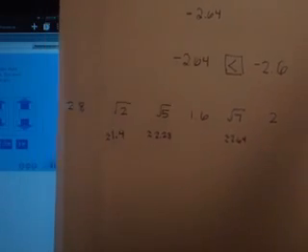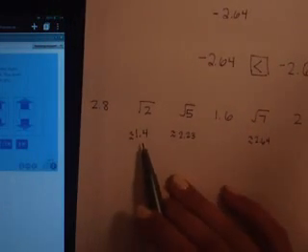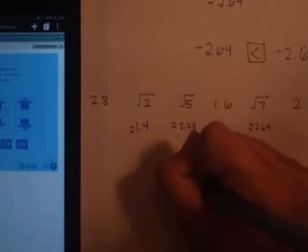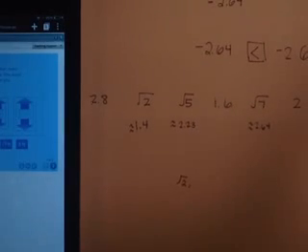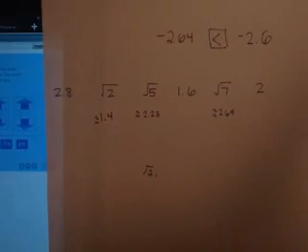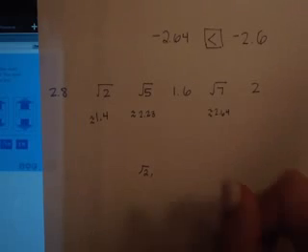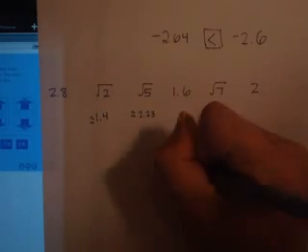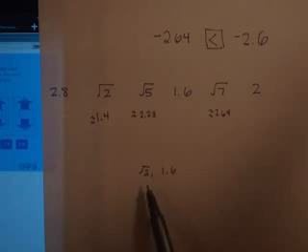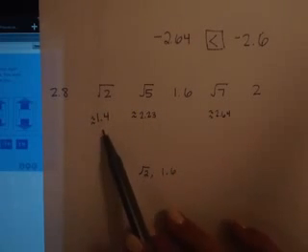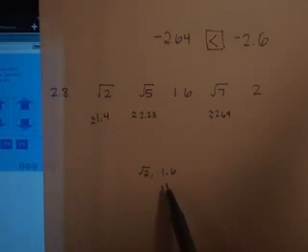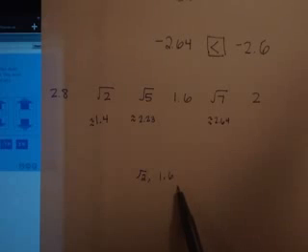Alright, so when we go to order these from shortest to tallest, which is from least to greatest, my least number is going to be the square root of 2, approximately 1.4. Okay, and then next, I'm looking at 1.6. When we order these, guys, we want to make sure we're using the square root of 2 and not the approximation, which is 1.4. Okay, so 1.6 is next.